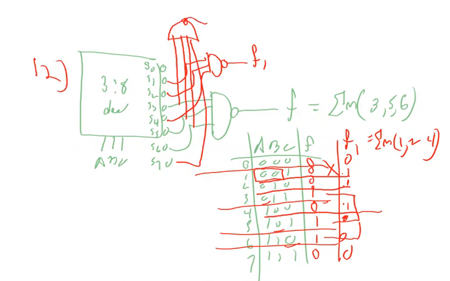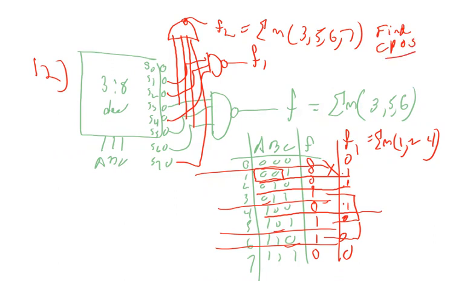So here comes, I'll call it F2, and it's equal to sigma M of 3, 5, 6, and 7. That is stated in canonical sum of products. Given the canonical sum of products for F2, find the canonical product of sums in shorthand notation.